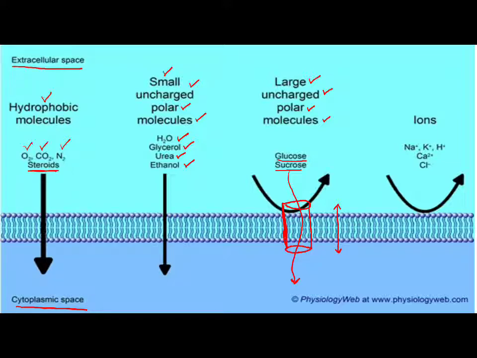cross themselves. Glucose transporter, sucrose transporter, these membrane proteins which will transport large uncharged polar molecules are called as permeases.